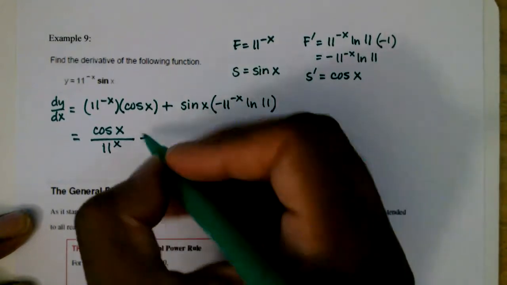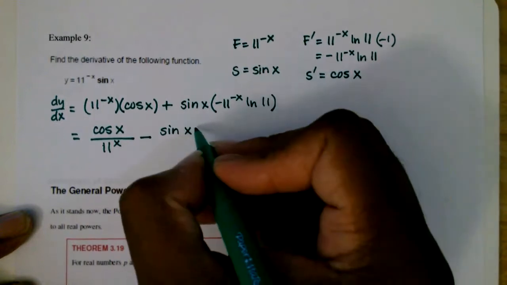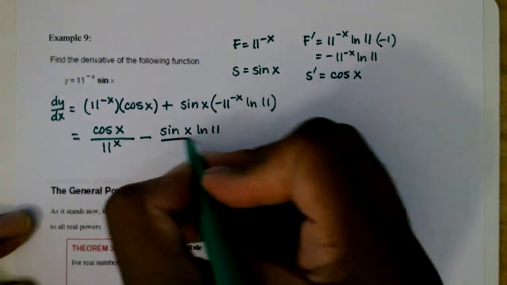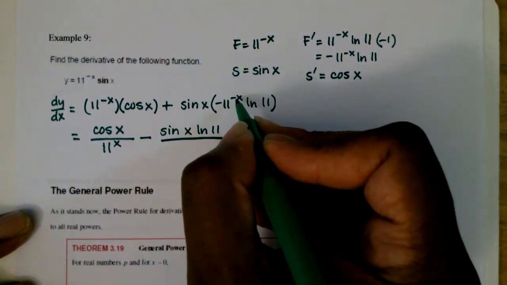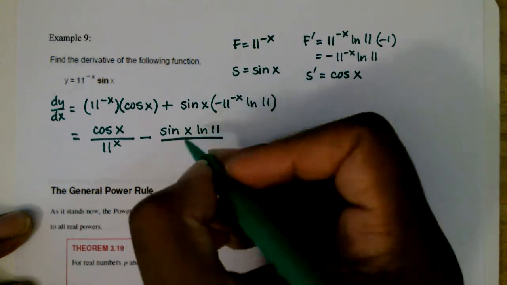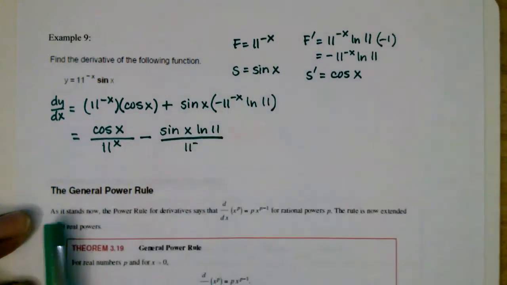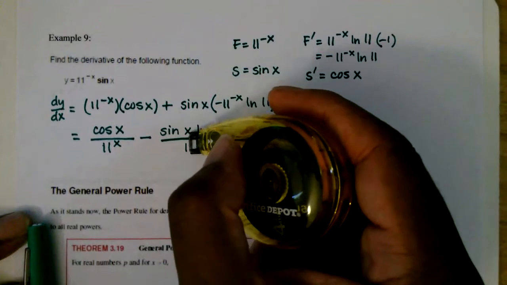The sine of x will be in the numerator, times the natural log of 11, that will be in the numerator as well. And that 11 to the negative x is going to go in the denominator as 11 to the positive x.